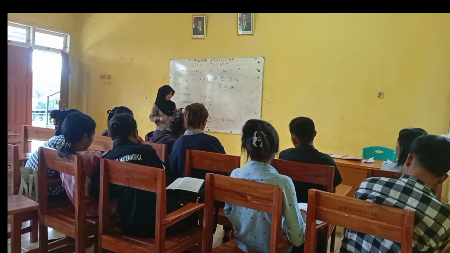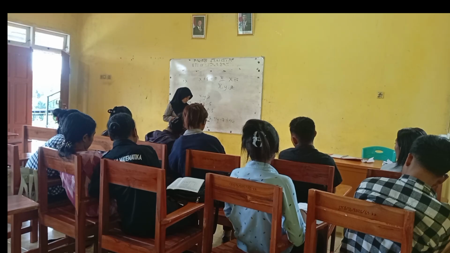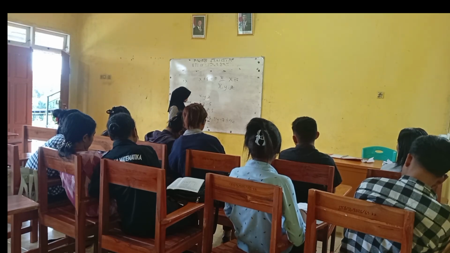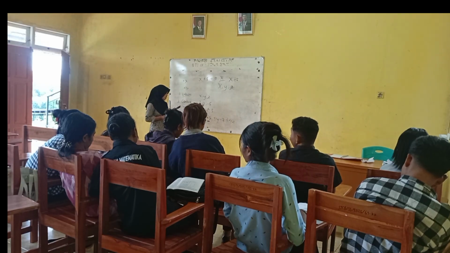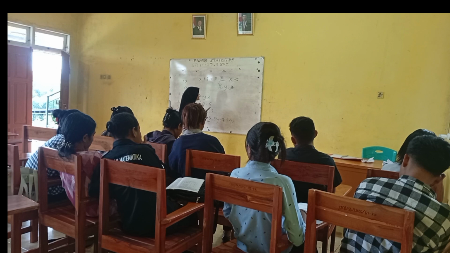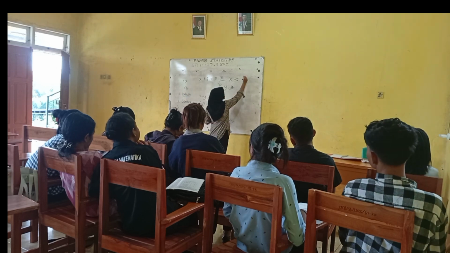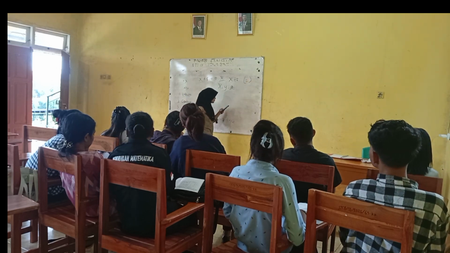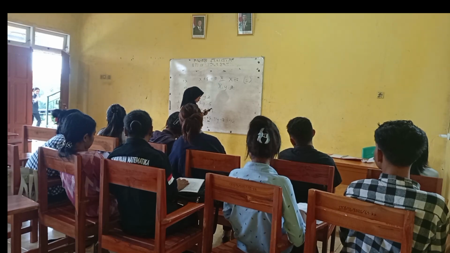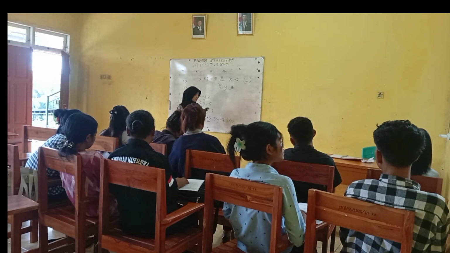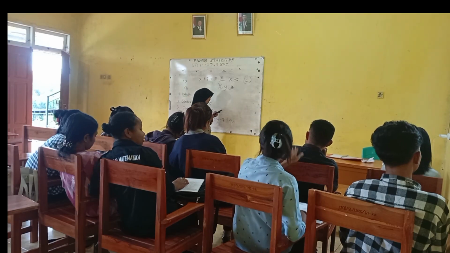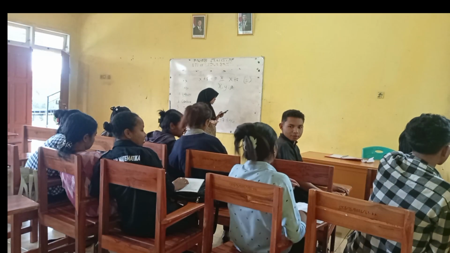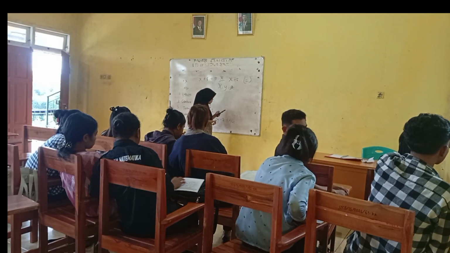Miss, what is the difference between an algebraic expression and an equation? Great question, Titania. An algebraic expression does not have an equal sign, while an algebraic equation has an equal sign, and we usually find the value of the variable that makes both sides equal.